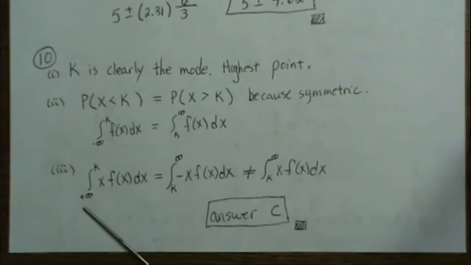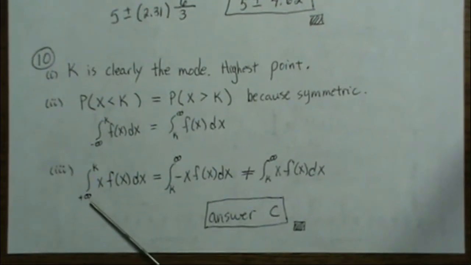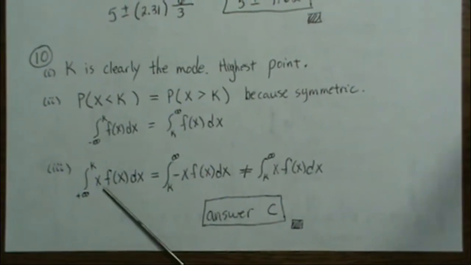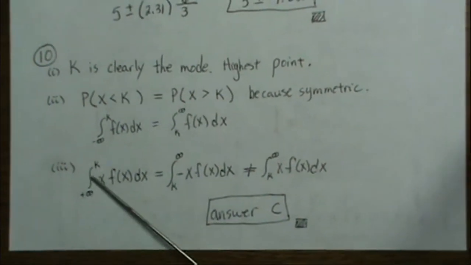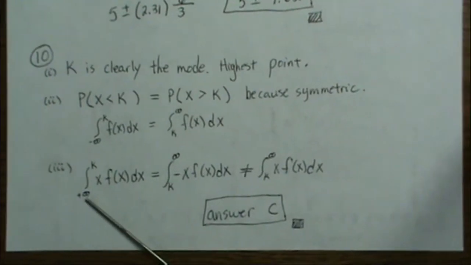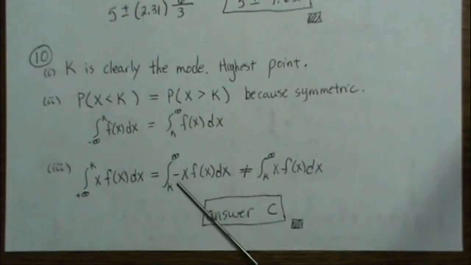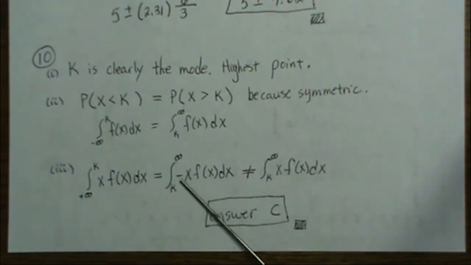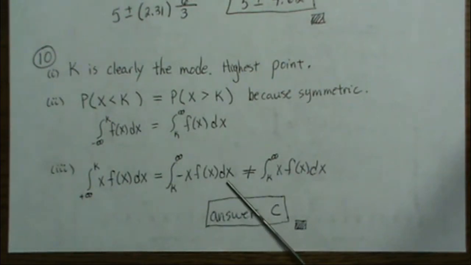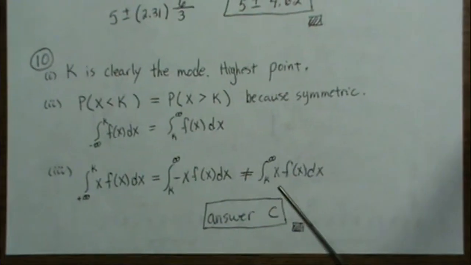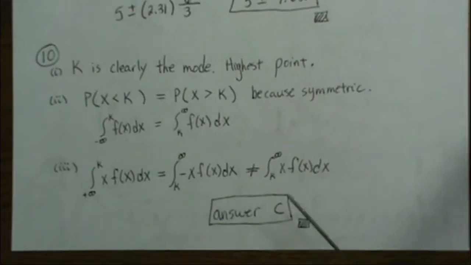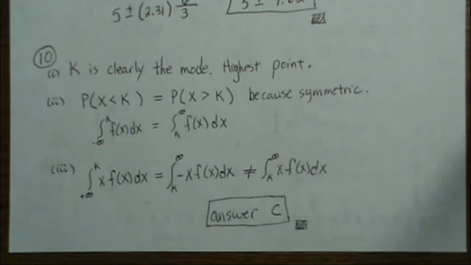We're integrating from k to positive infinity of x of f of x. But let's switch the order of integration. That means we have to introduce a negative. So k to infinity of negative x f of x dx, well, that's not equal to what they supply. So that's not a true statement. So the answer is C.